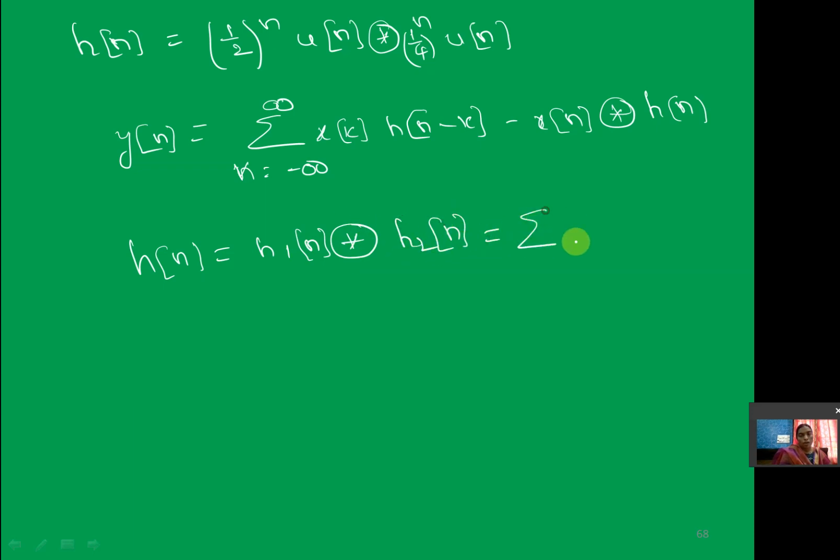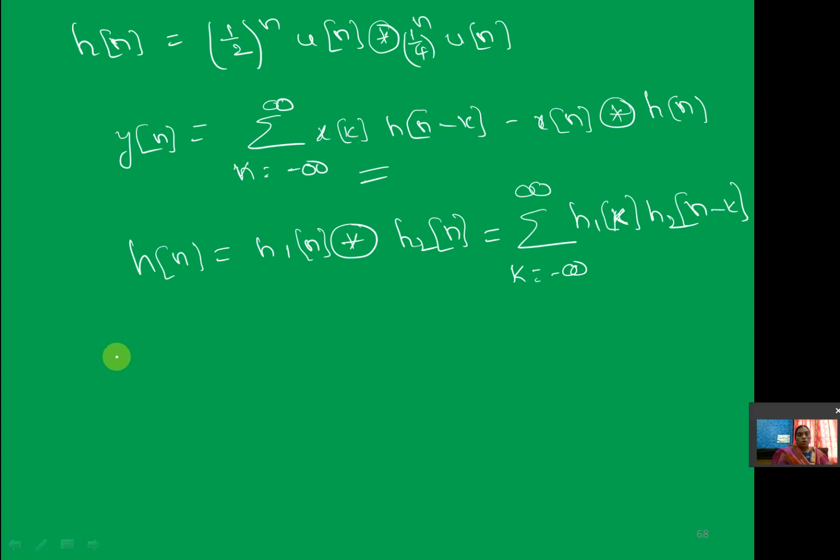So the formula is summation k from minus infinity to infinity, h1 of k, h2 of n minus k. In this way we have to write from the basic definition: take the first sequence as it is with the dummy variable k, and take the second sequence replacing n with n minus k.